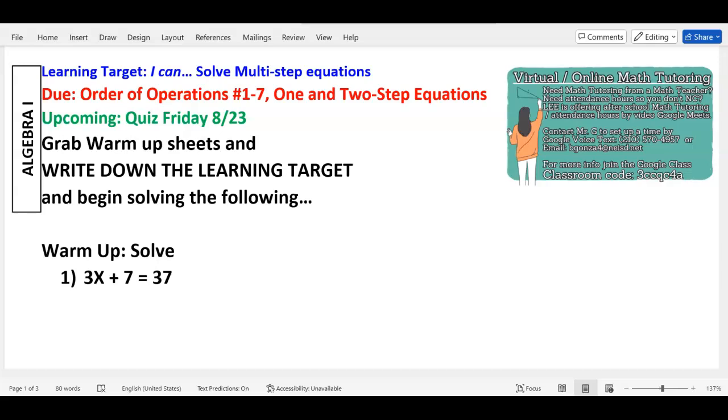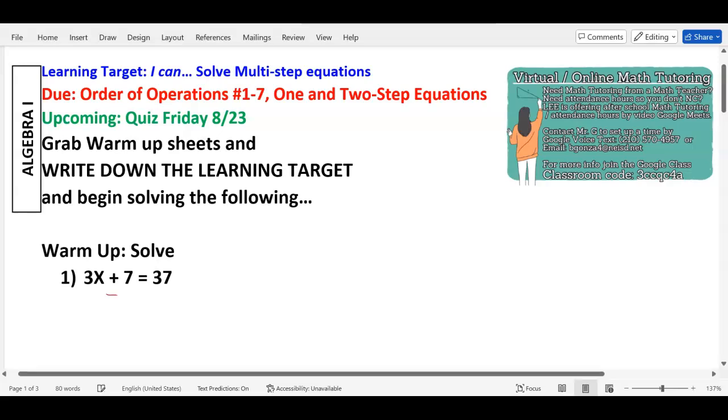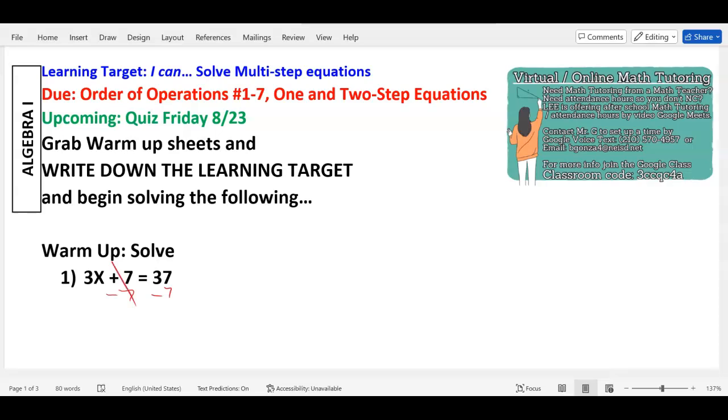So what's the opposite of plus 7? Minus 7 on both sides, right? So the 7's cancel out. And now I have 3x equals 37 minus 7 is 30. And then my last step to get rid of that 3 in front of x.